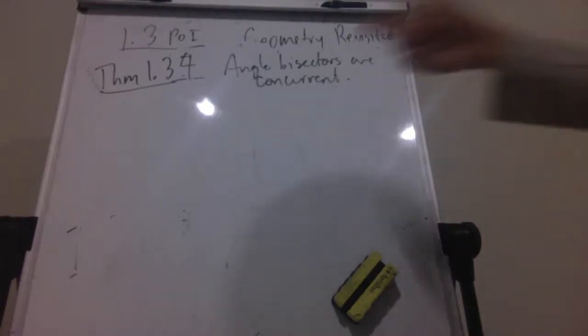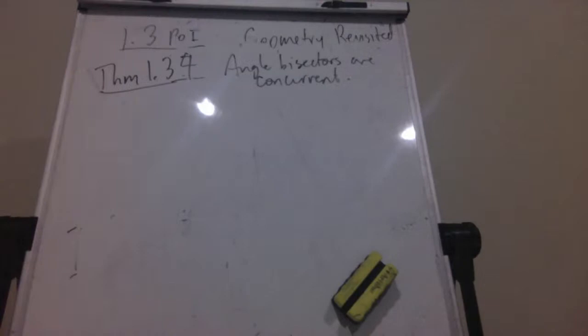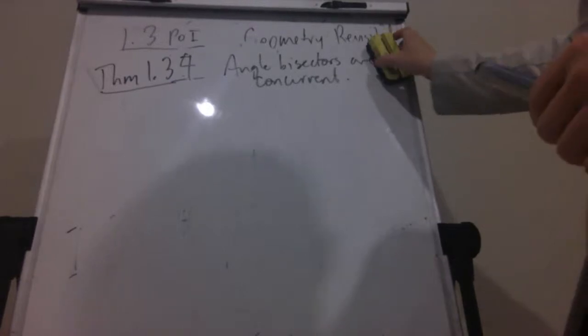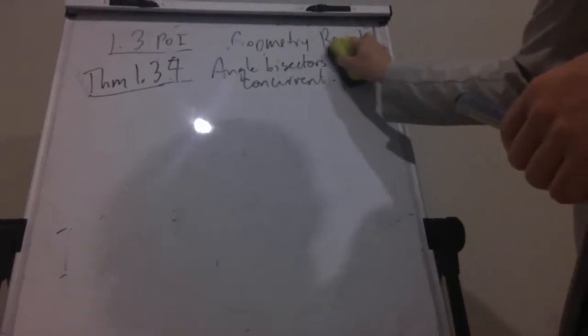And then the concurrency is called the incenter, I guess. And the radius of the circle is the inradius. So that's all for 1.3 actually. Now we're up to 1.4.